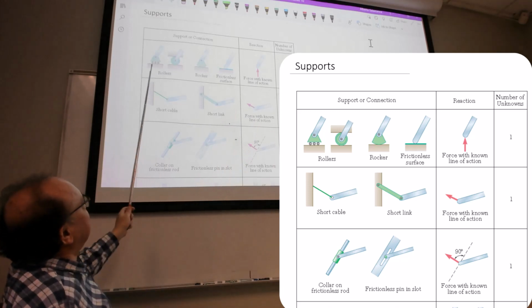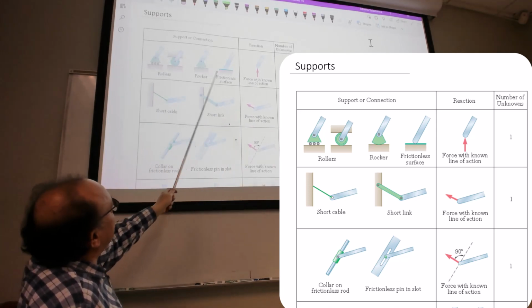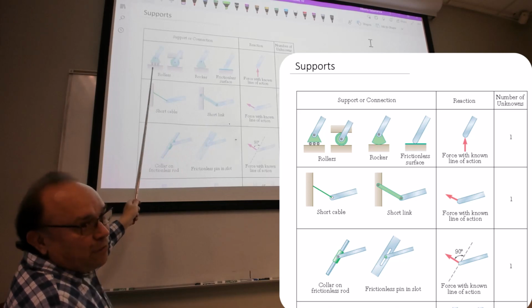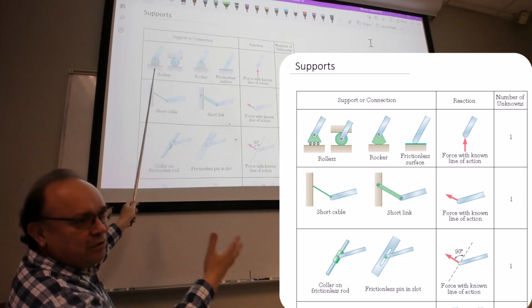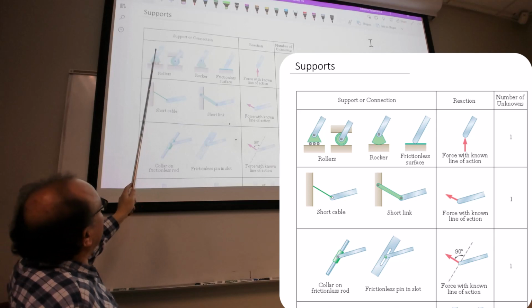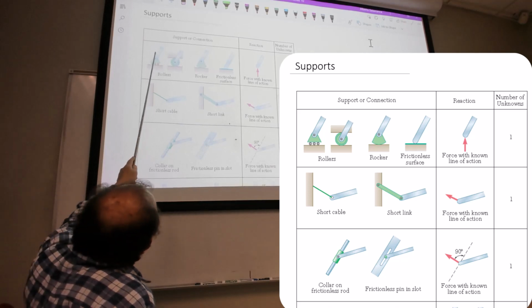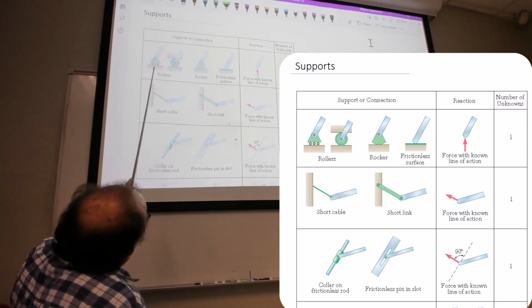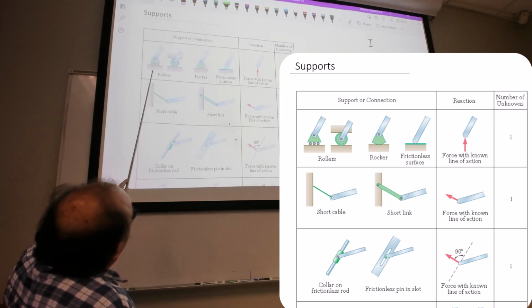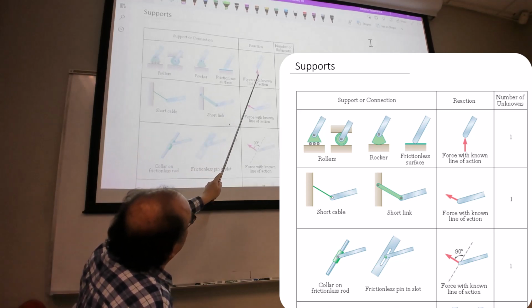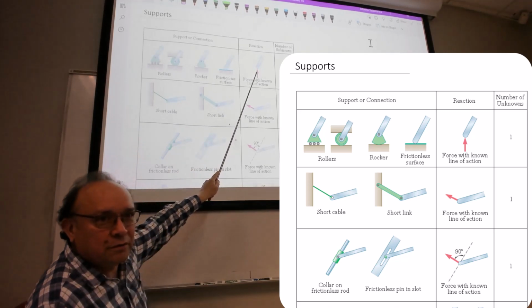Well, the idea is that we engineers build this floor in such a way that it doesn't fail, so the structure stays in equilibrium, right? So if you try to push this down, this is not going to allow this thing to go down. It's going to apply a force to avoid that motion.